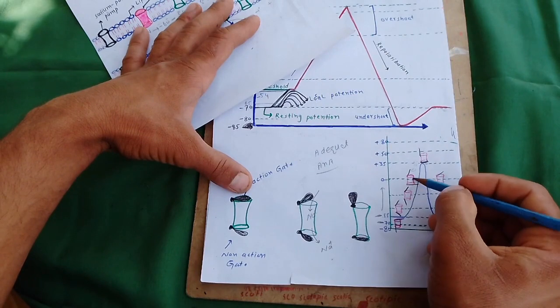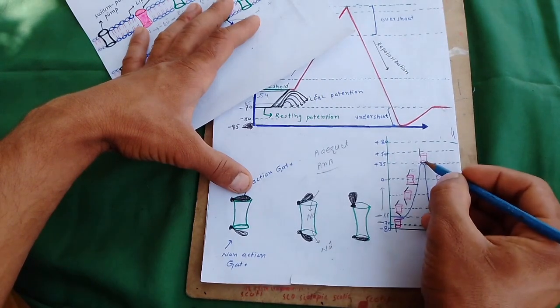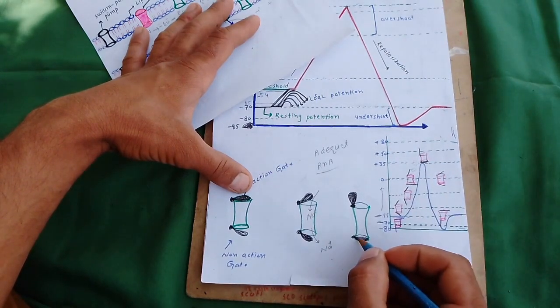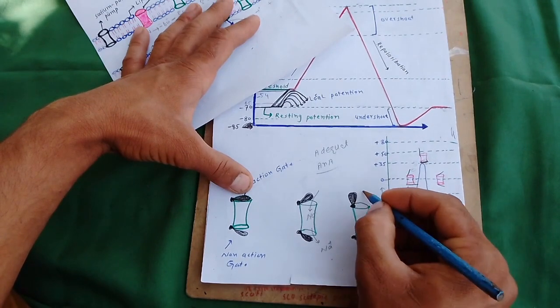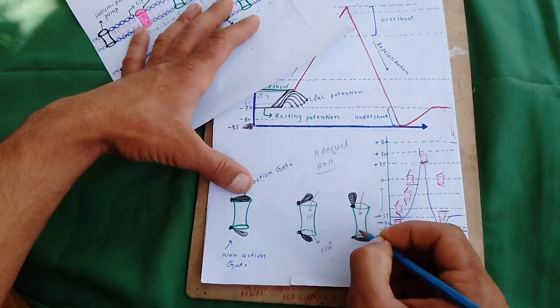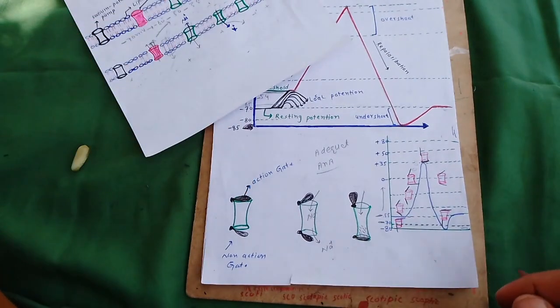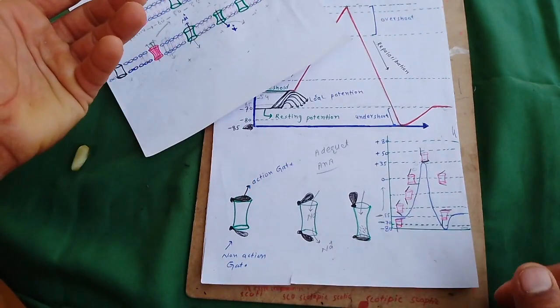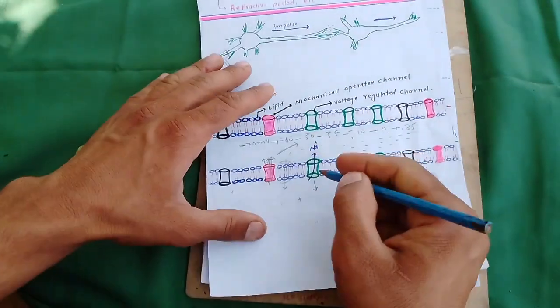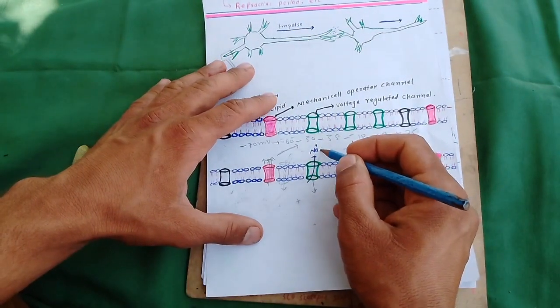This is the depolarization state. But when it reaches the 0 point, this gate gets completely closed while this one gets completely open. So the incoming sodium is stored outside and does not go into the cytoplasm of the neuron. So this is the current in the inward direction.